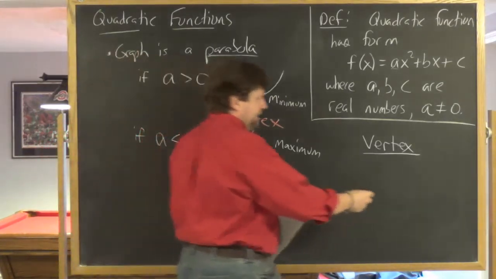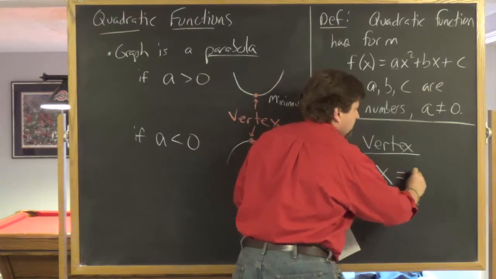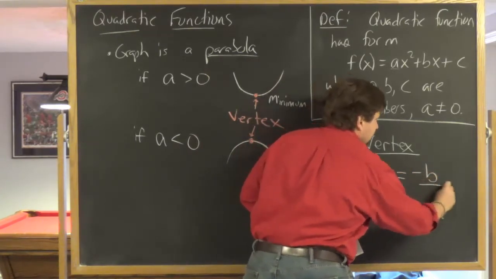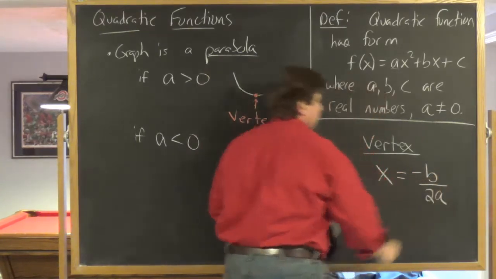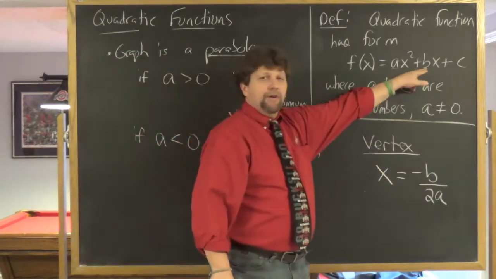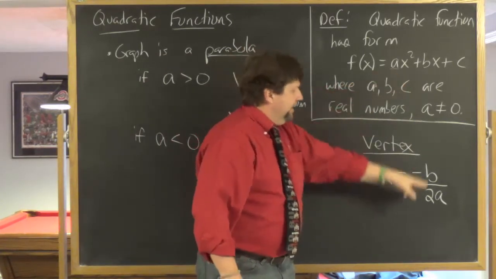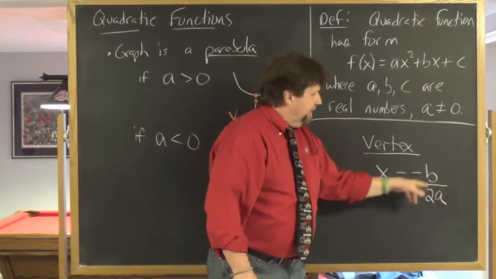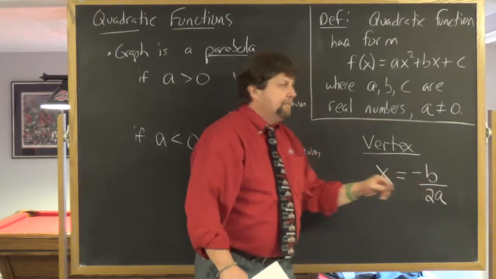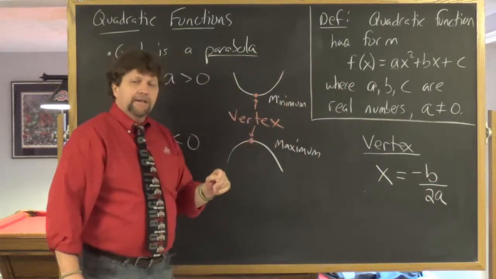Well, here's a handy little formula to tell you the x-coordinate of a vertex. It's negative b over 2a. So whatever number b is, toss it in here. Whatever number a is, toss it in here. And then negative b over 2a will give you the x-coordinate of the vertex.